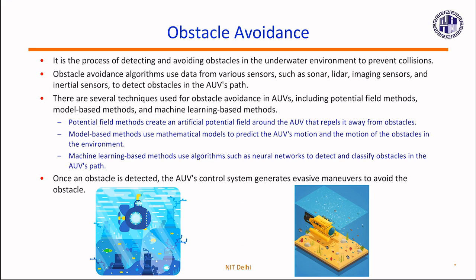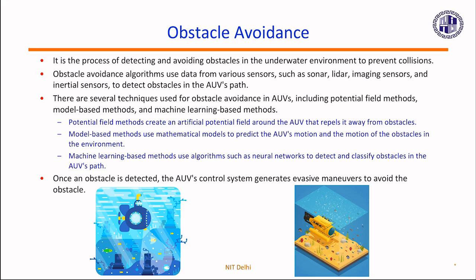These algorithms can use a variety of techniques such as potential field methods, model based methods, and machine learning based methods. The potential field method creates an artificial potential field around the AUV that repels it away from obstacles. The strength of the field depends on the distance and size of the obstacle.